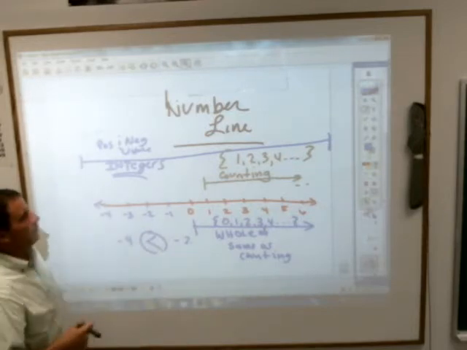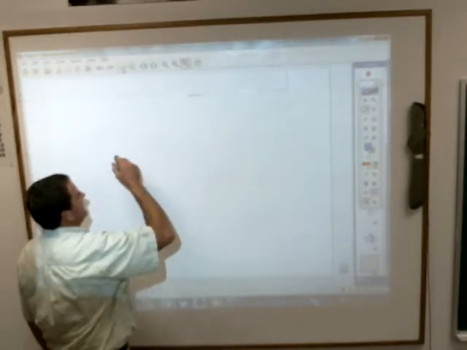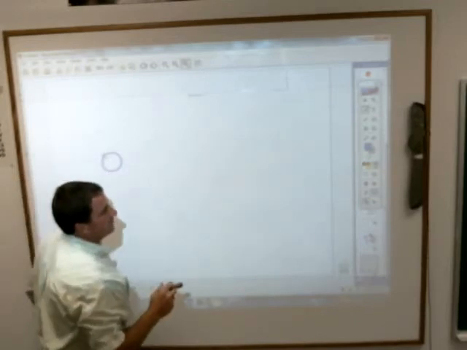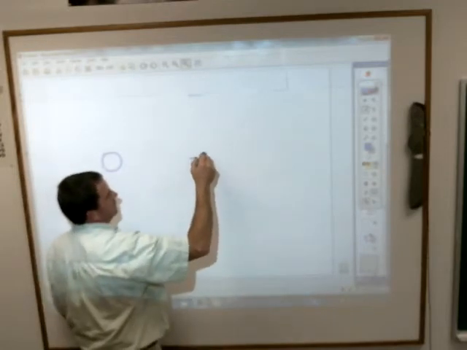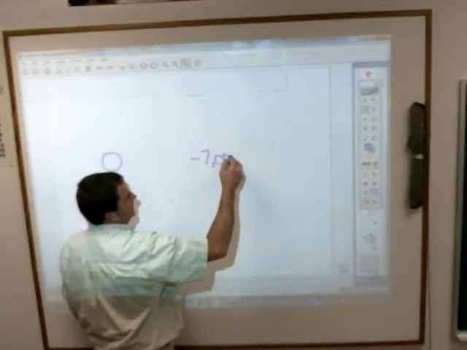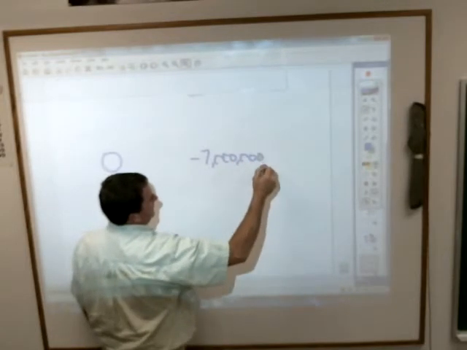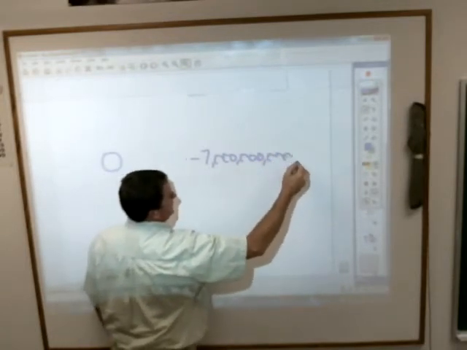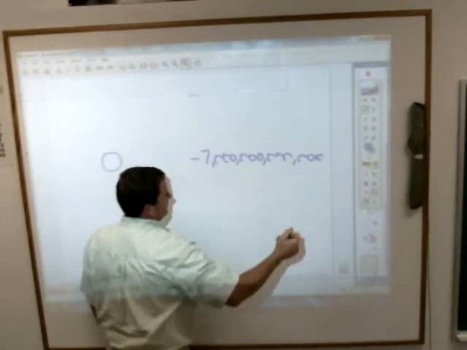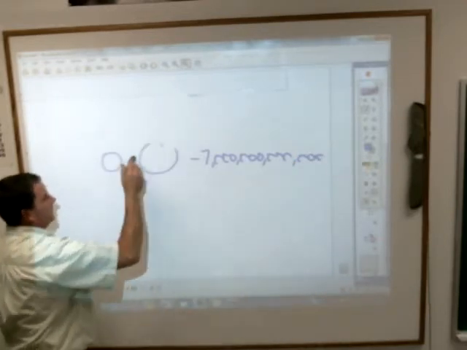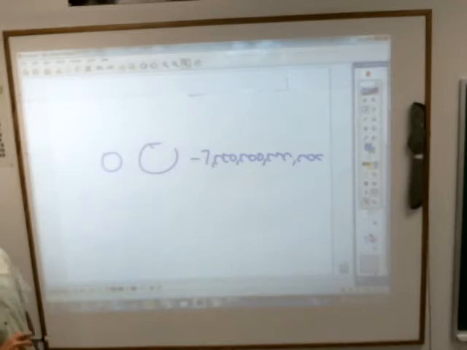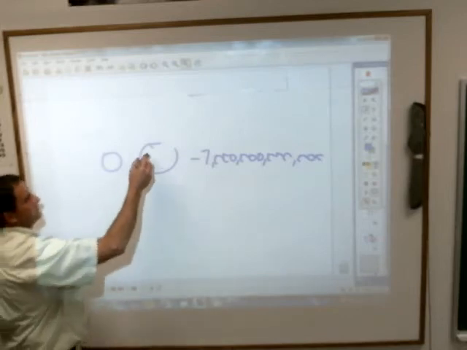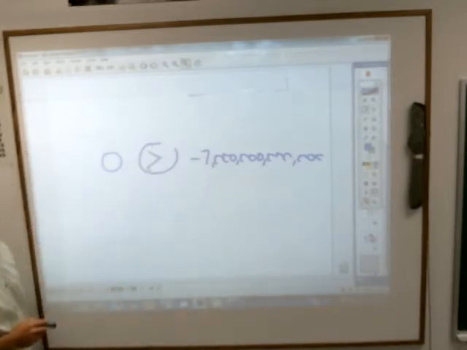Would it be better for our country to be in debt 0 or be in debt, whatever we are, $7 trillion? What is bigger, 0 or negative 7 trillion? 0 is very much bigger. It's 7 trillion more.